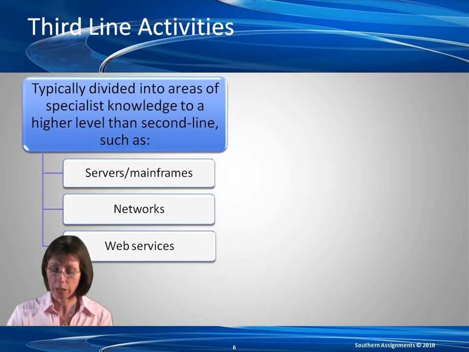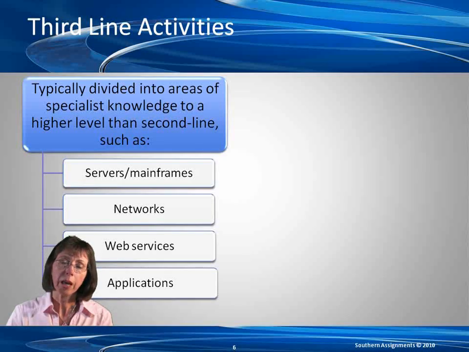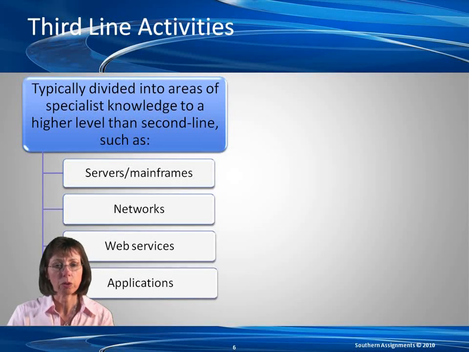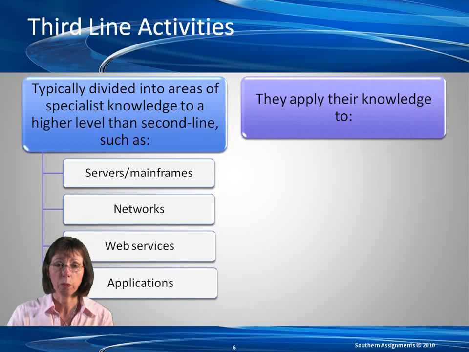Web services is another example that they would see. Application support is a specialist area where you may find third line support people working as well. And all of those areas, of course, would be subject to performance management activities.